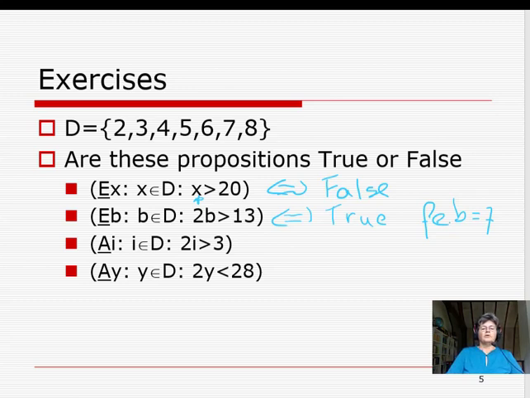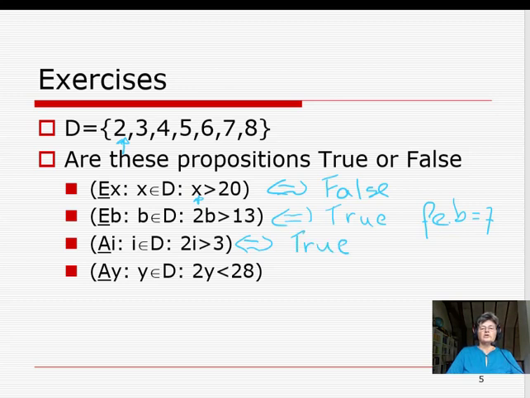Okay, third one. For all elements coming from that domain, I can say that 2 times i is larger than 3. Okay, and in this case, don't check all of them, but check the smallest. If the smallest works, then all the others will be bigger as well. So 2 times 2, 2 is the smallest, is already larger than 3. So all the others are larger as well.